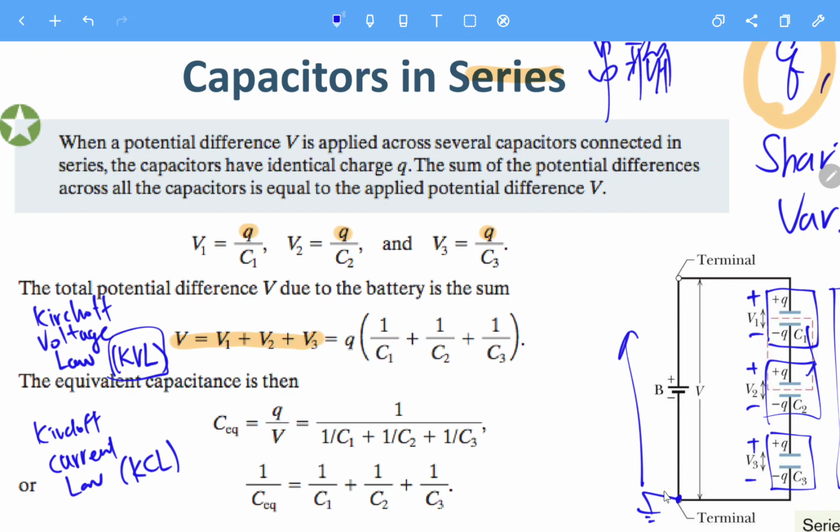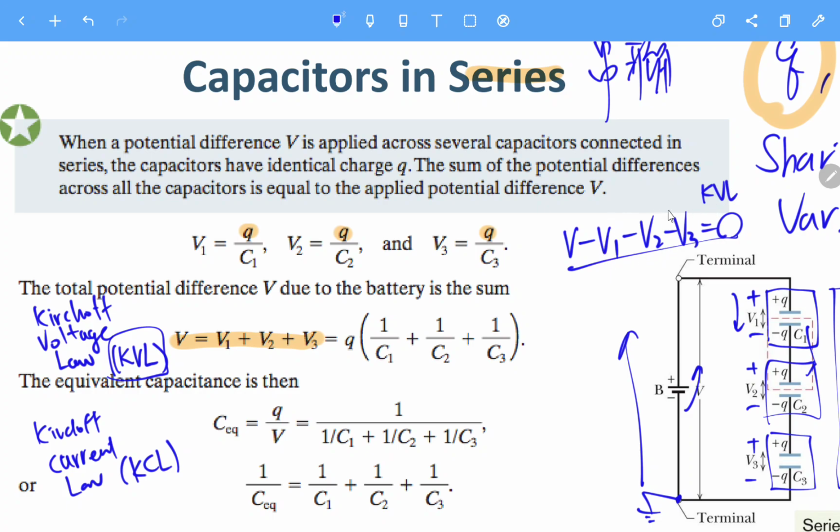From negative to positive we have plus V, but from positive to negative it is minus V1, minus V2, minus V3, which should equal 0. This is the so-called KVL.